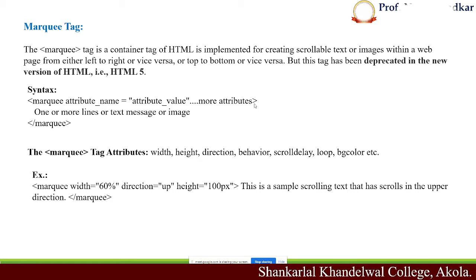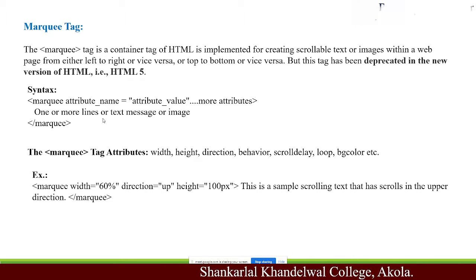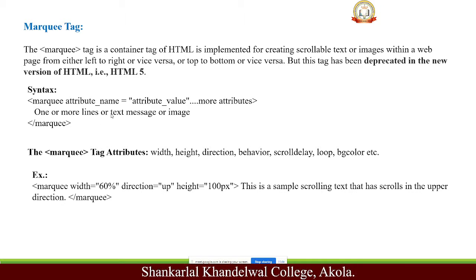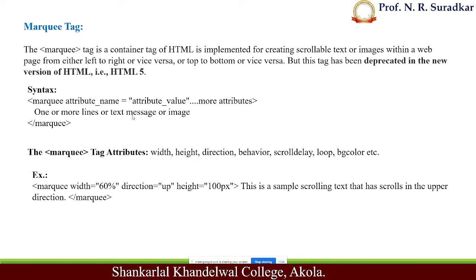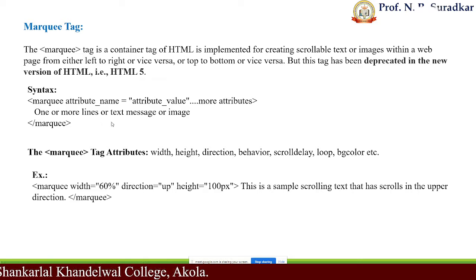After that, we put the text on which we want to apply the effect. This is the text on which the actual effect is applied. And the closing tag is as usual forward slash and marquee. This is the basic tag which applies effects to the images or the text on our web page.